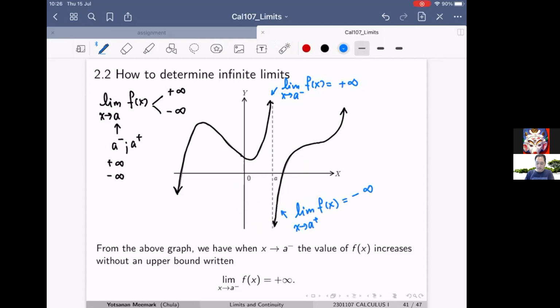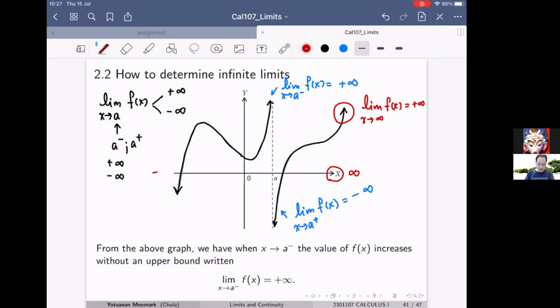On the other hand, if you look pretty far away on the right, as your x goes to positive infinity, you see again that your function keeps going up without bound. So it means that as your x goes to positive infinity, your function also goes to positive infinity.